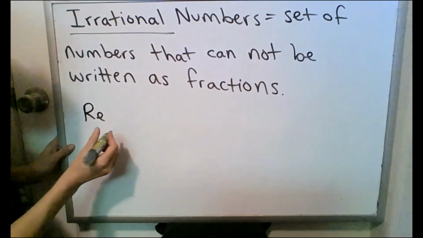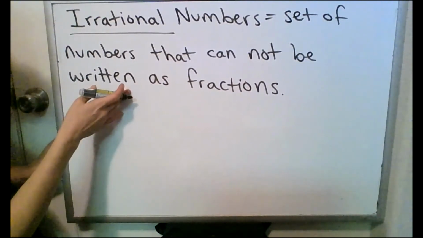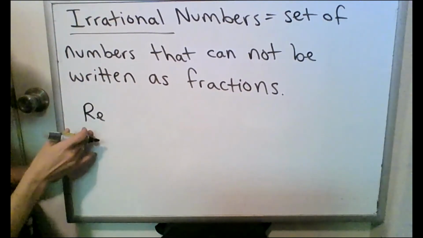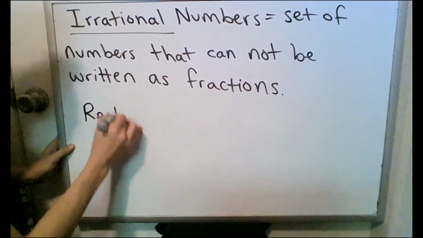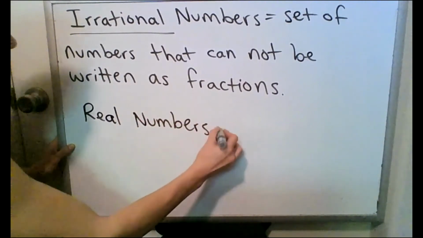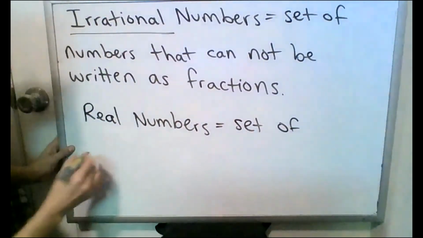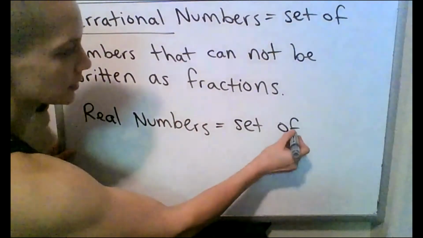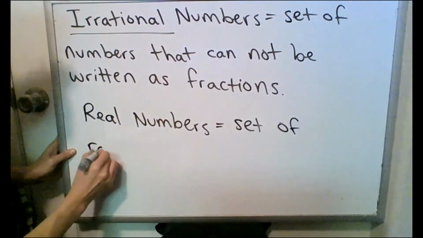So when I say let this be a real number, it means it could have been a fraction, it could have been a whole number, it's anything inside of the set of real numbers, where you take your set of irrationals and the rationals. Let's put rationals first.